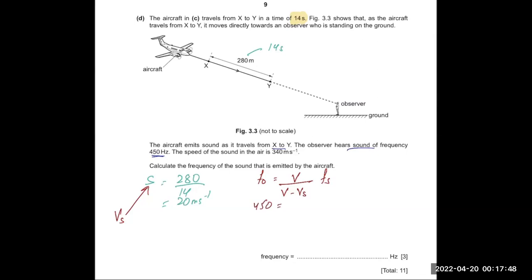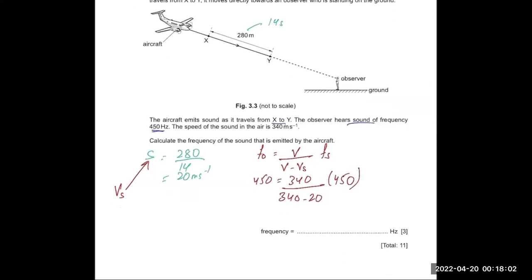The speed of sound is 340, upon 340 minus 20, times Fs. Fs is the unknown source frequency. F naught is 450. This is what they wanted us to find out.